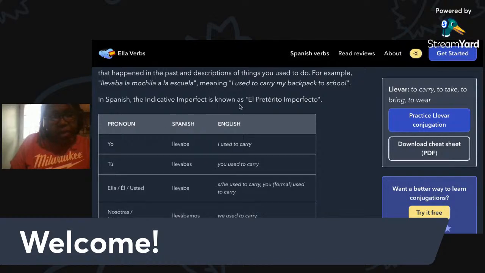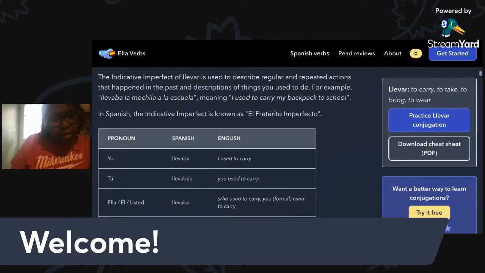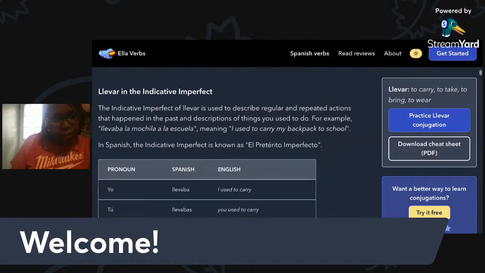Indicative imperfect is known as el pretérito imperfecto. It is used to describe regular or repeated actions that happened in the past and descriptions of things you used to do. So this is past again.